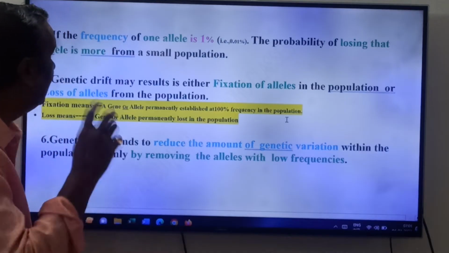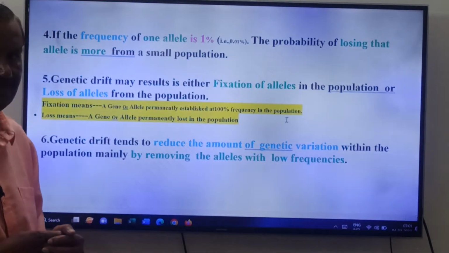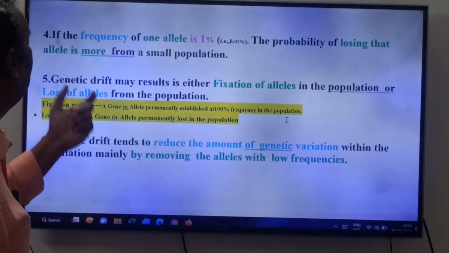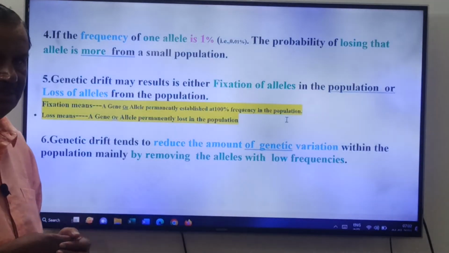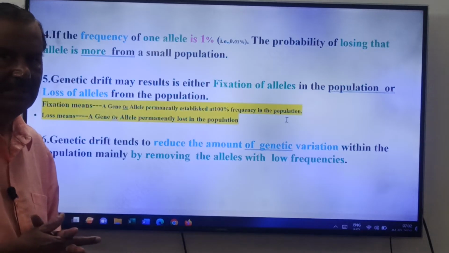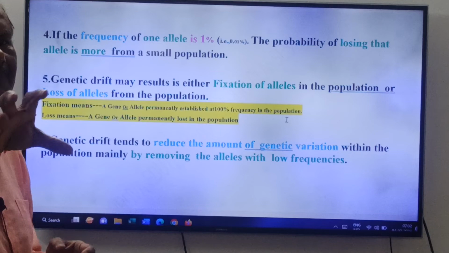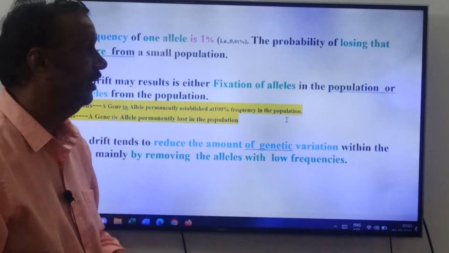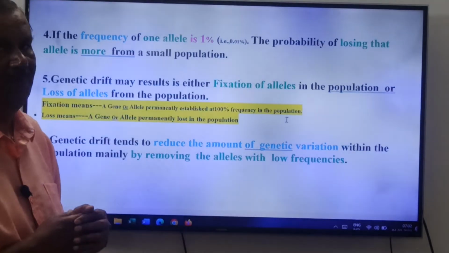See, friends, if the frequency of one allele is 1%, the probability of losing that allele is more from a small population. An allele has less frequency, friends, that is nearly 1%. So, the probability of losing that allele is more from a small population.